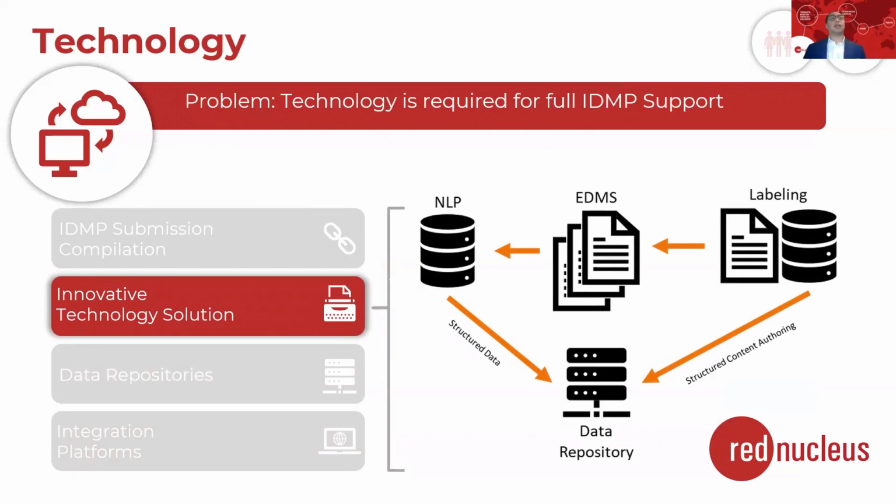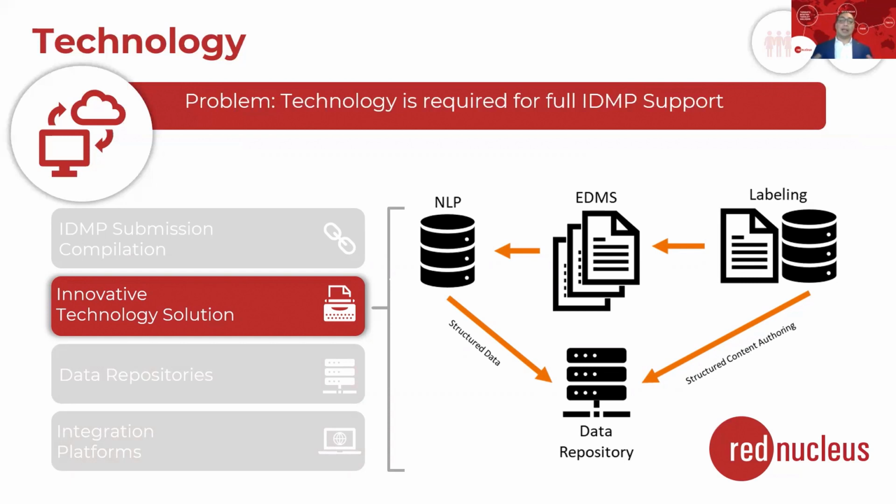And then the next part is around innovative technology. For this part, industry should take advantage of innovative technological solutions available to gain and operationalize efficiencies. The first part is around natural language processing, which converts unstructured data to structured data.